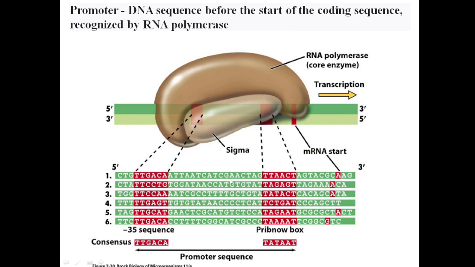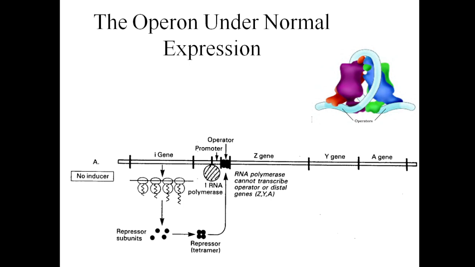Between them can be any bases, and later AUG will be the beginning of the coding part. The other parts of the RNA polymerase core enzyme are recognized by the sigma subunit associated with the promoter. Now you see the promoter, and between the promoter and the coding part there is a short region, the operator.